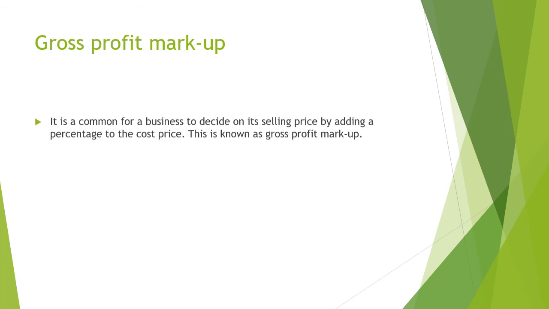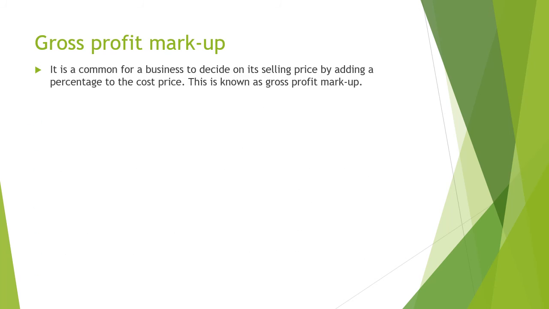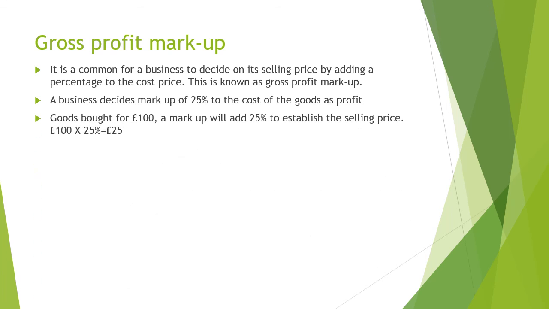Gross profit markup. It is common for a business to decide on its selling price by adding a percentage to the cost price. This is known as gross profit markup. A business decides on a markup of 25% on the cost of the goods as profit. Goods bought for £100: a markup will add 25% to establish the selling price.